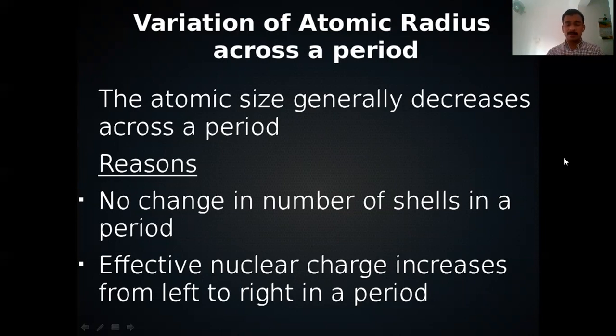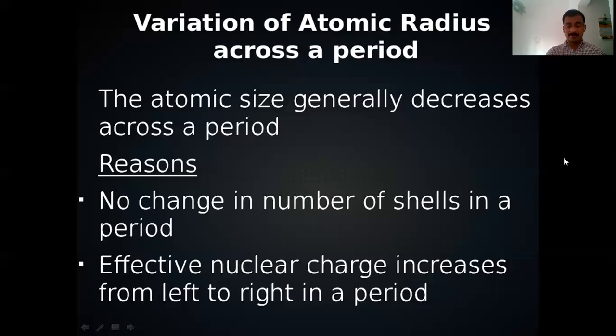In that way, the nuclear charge is increasing. So the attraction towards the outermost electron, the electron in the second orbit, will increase. That means the nuclear charge felt by the outermost electron increases as we move from left to right. That is known as effective nuclear charge. So effective nuclear charge increases from left to right in a period.